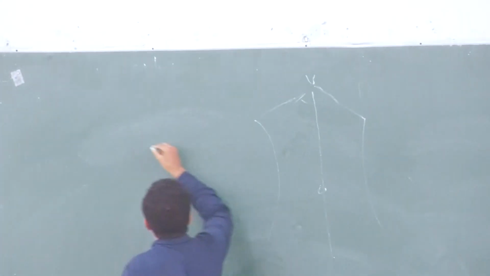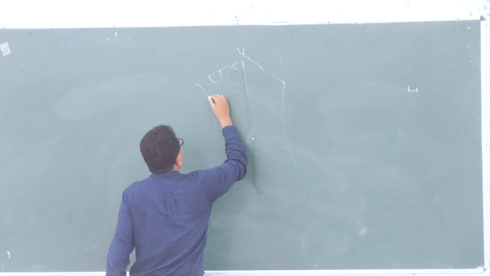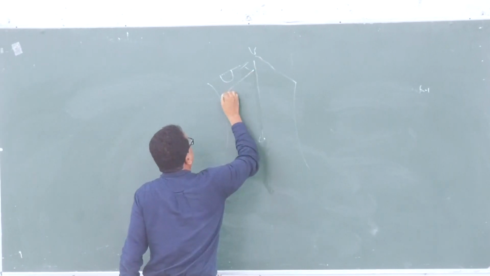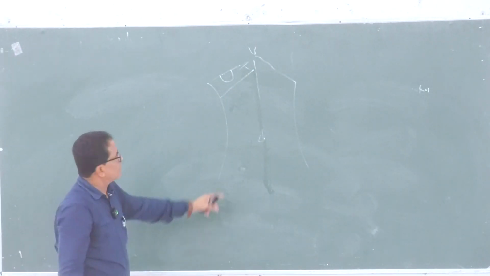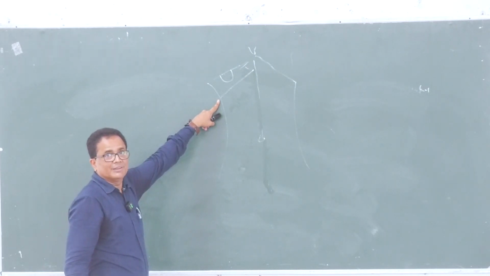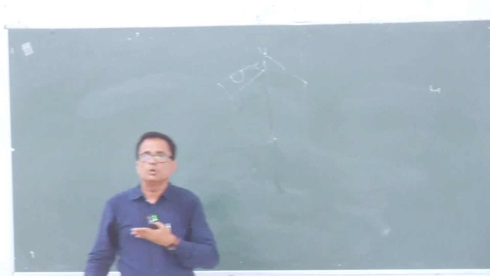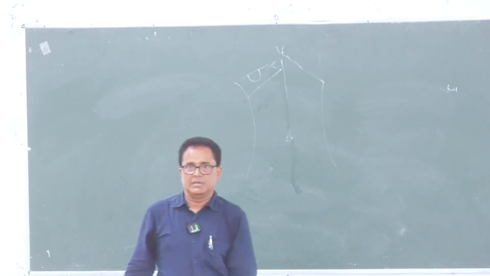So instead of this, suppose I am doing a gallbladder surgery. Here is the gallbladder. So I cut a right subcostal incision from the midline just on the right side below the rib cage. Any upper abdominal incision is more painful than a lower abdominal incision.